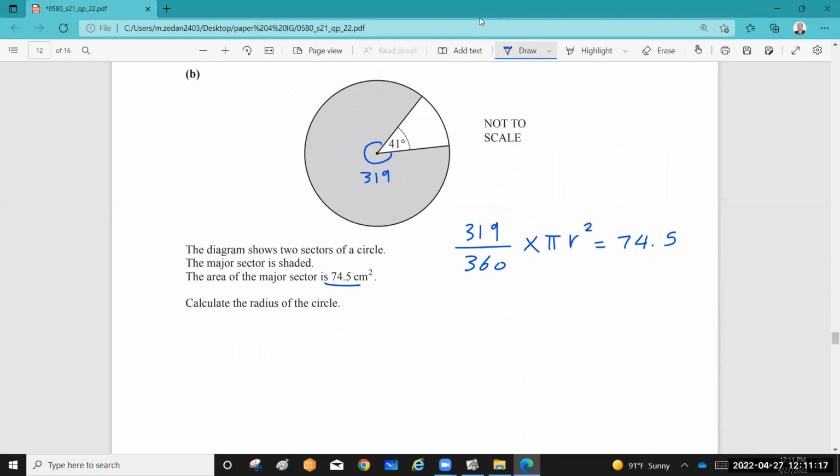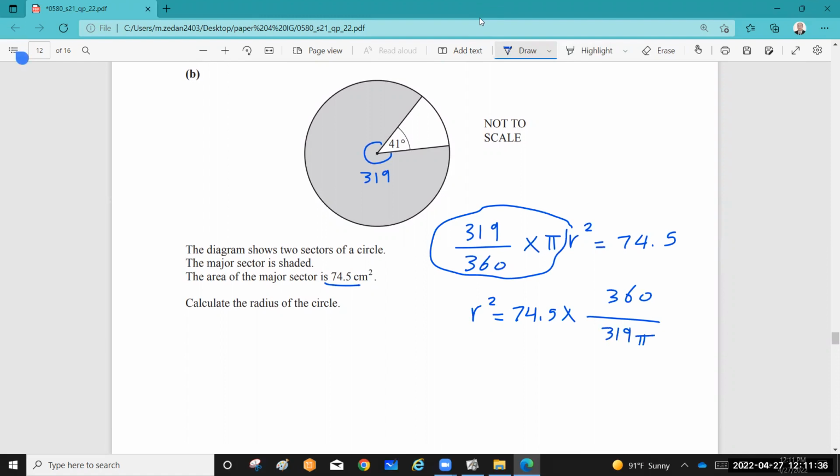Making r squared the subject, just multiply by the reciprocal of this fraction: r squared equals 74.5 times 360 over 319 pi.